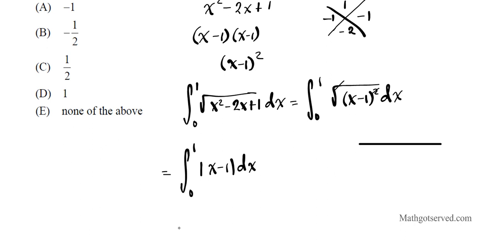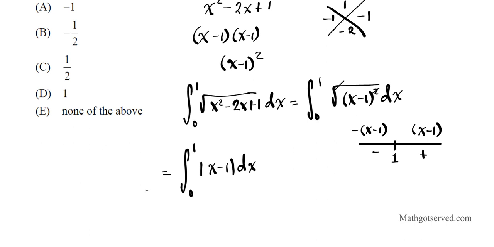The vertex happens when x minus 1 equals 0, which is 1. To the left of this, the expression inside is going to be negative, and to the right it is going to be positive. So this absolute value is basically negative of x minus 1 to the left, and to the right it is x minus 1.